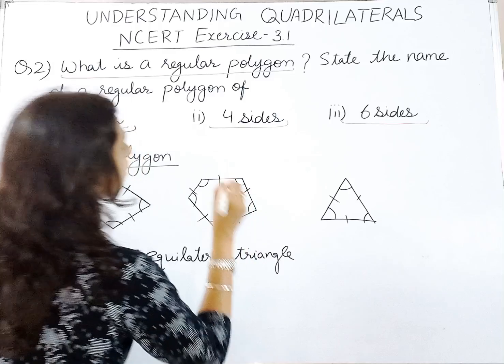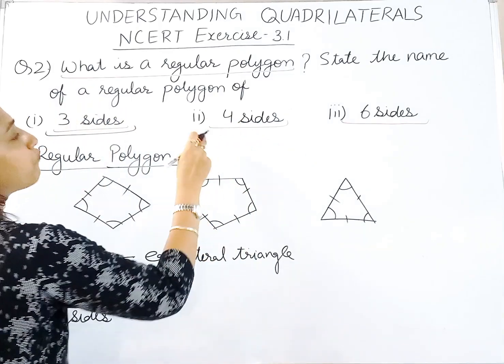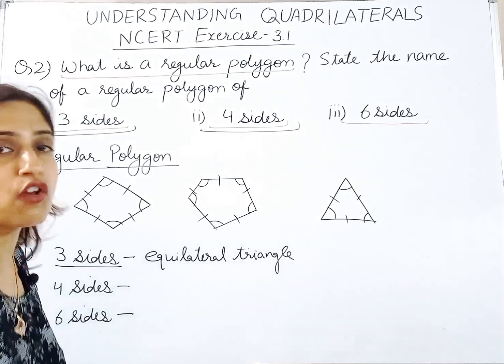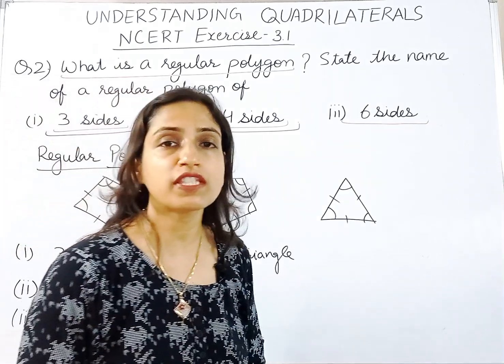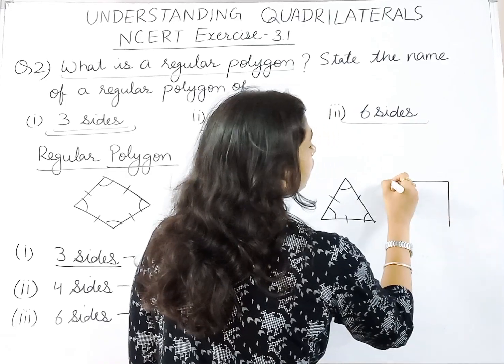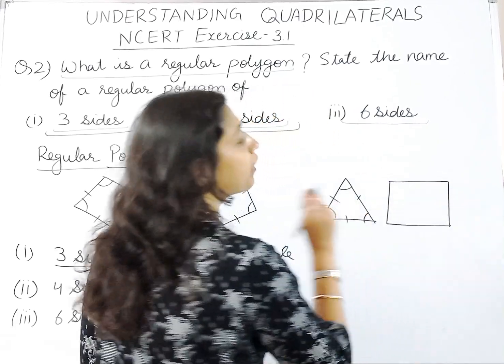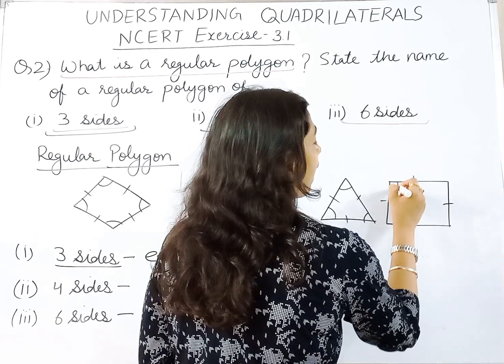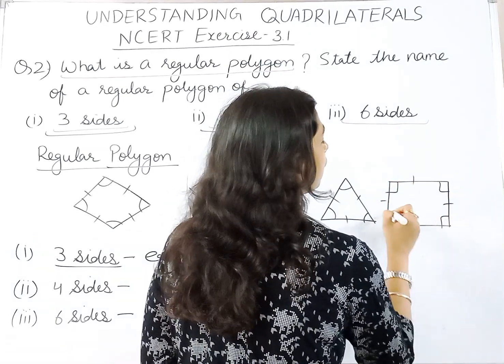The second is, we have to tell the name of the regular polygon having 4 sides. So we have to draw a 4-sided polygon in which each side and each angle should be equal.